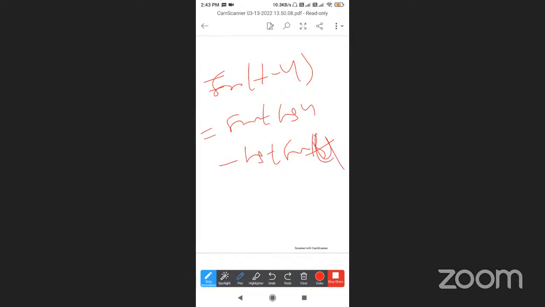Sin t cos u minus cos t sin u, the whole integration from 0 to t du.